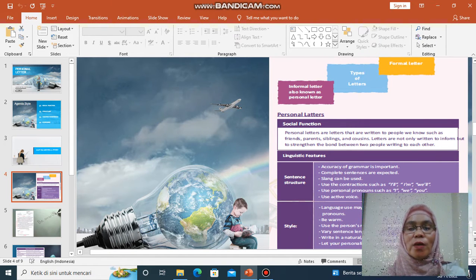And then the linguistic features, look at the sentence structure. Here, we could look at the accuracy of the grammar. It is important because if we use a different tense, the people will think differently.